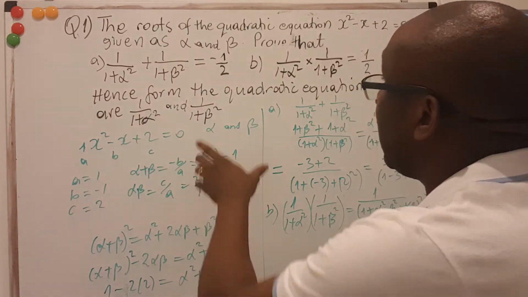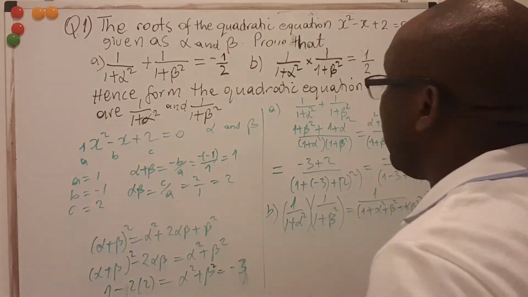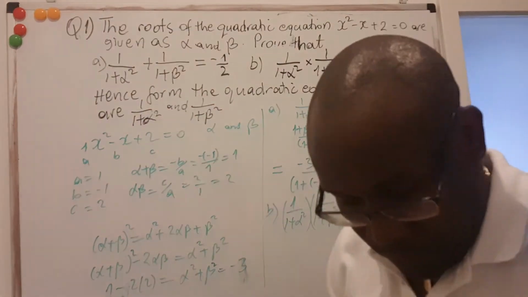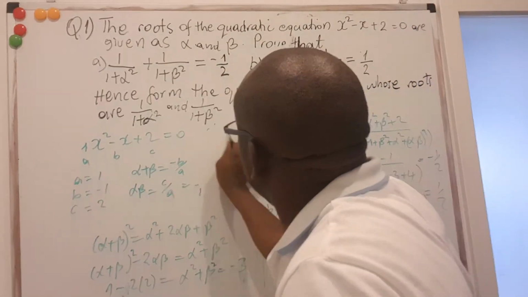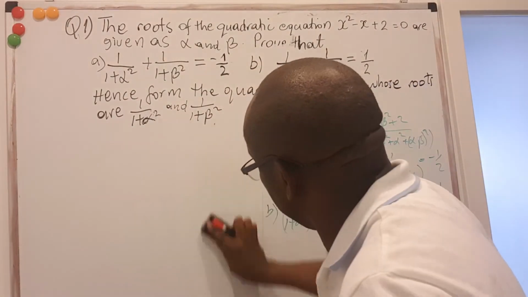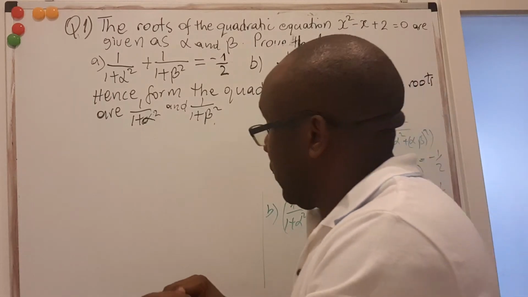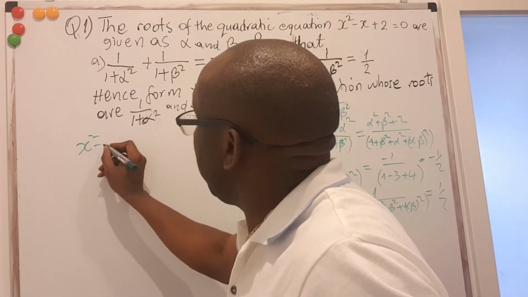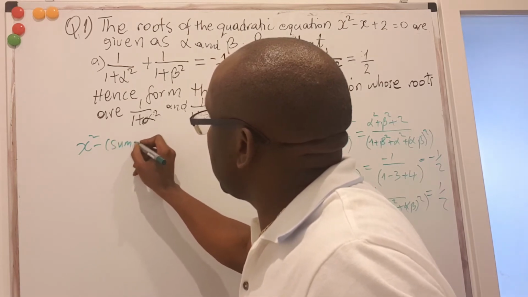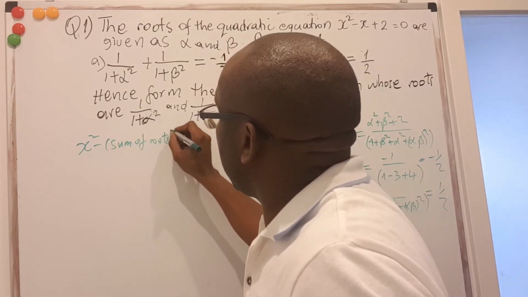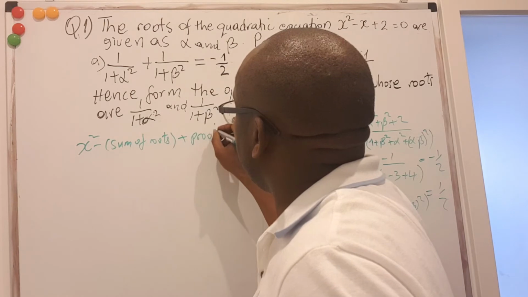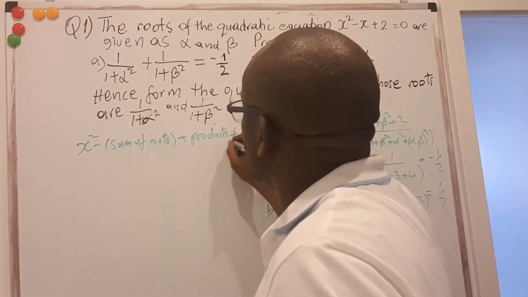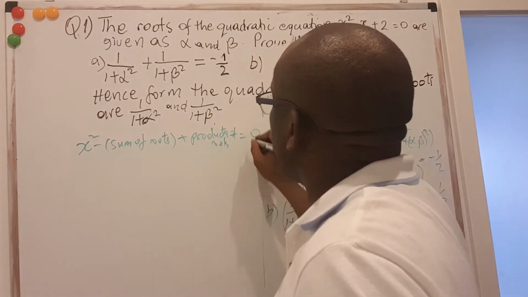The next thing is, now we are asked to form the quadratic equation with these roots. So we know that given roots, the quadratic equation will be x squared minus (sum of roots) x plus product of roots equal to 0.